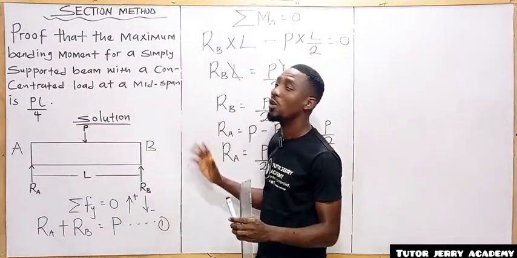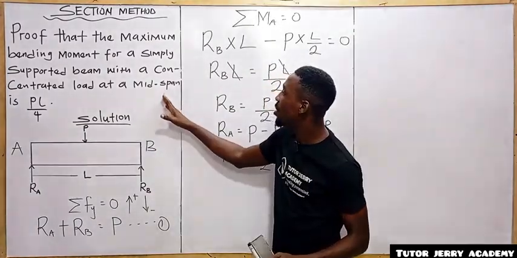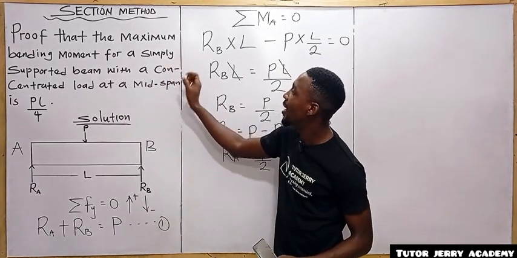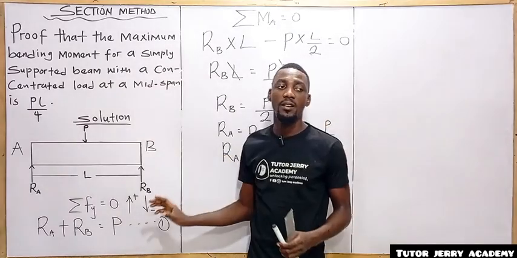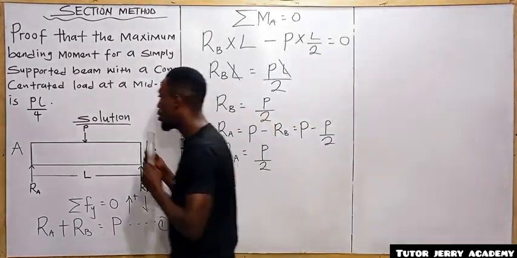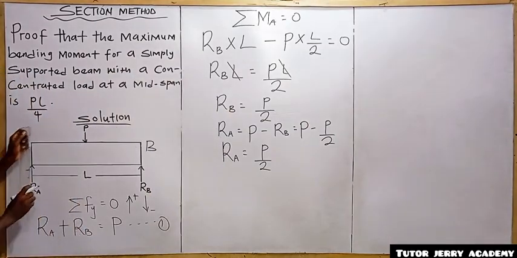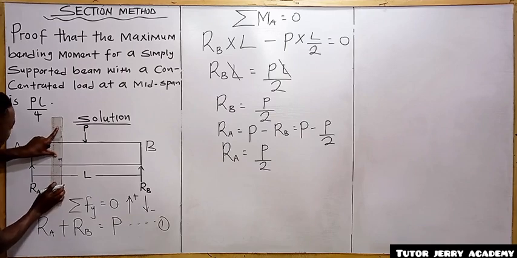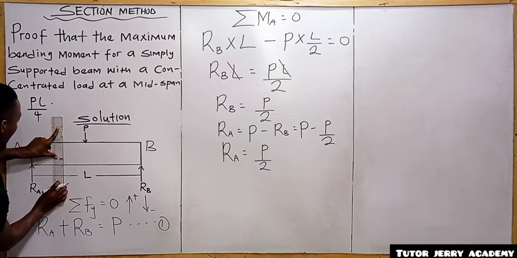But there's no need for us to do that, because we just want to prove that the maximum bending moment is PL over 4. I hope that point is understood. So for us to do this, we are just going to section the beam at this point. So let's section it here.